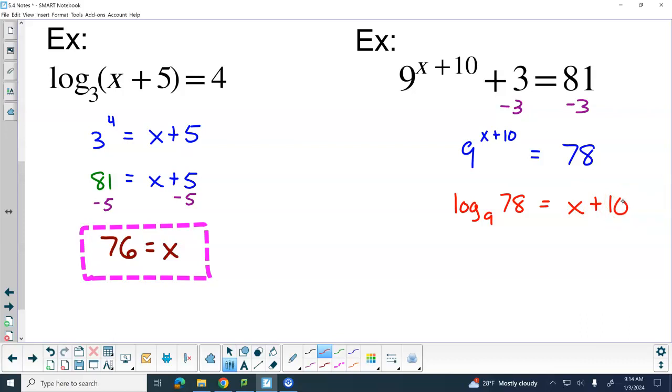Log base 9 of 78 is going to be a little bit less than 2 because 9 squared is 81.